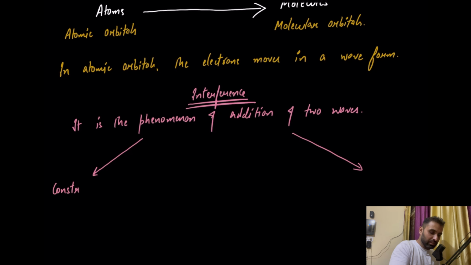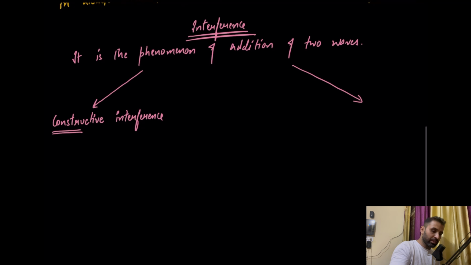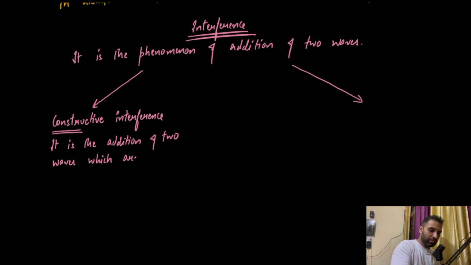The first one is constructive interference. What is constructive interference? It is the addition of two waves which are in phase.